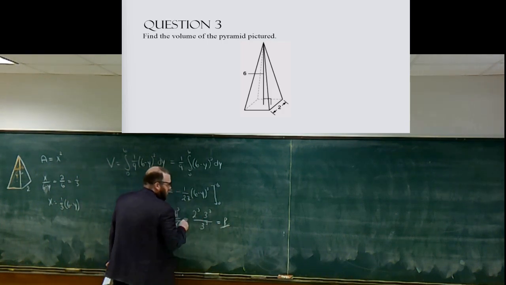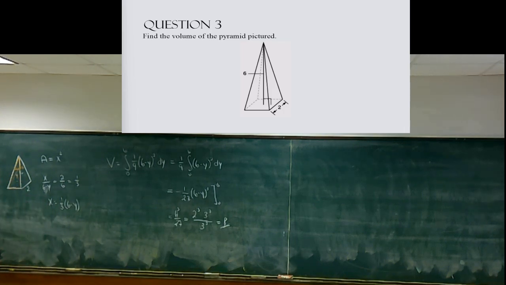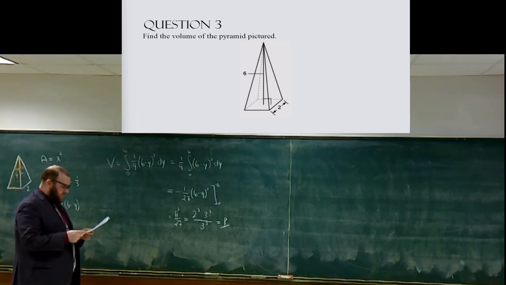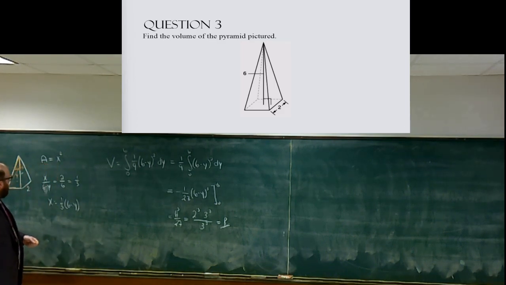You're left with 2 cubed, which is 8. So 216 over 27 is 8. This pyramid has a volume of 8 cubic units.